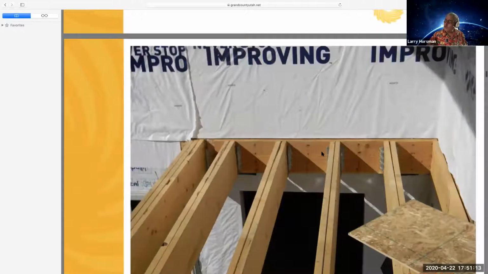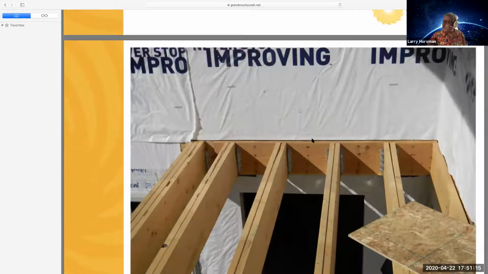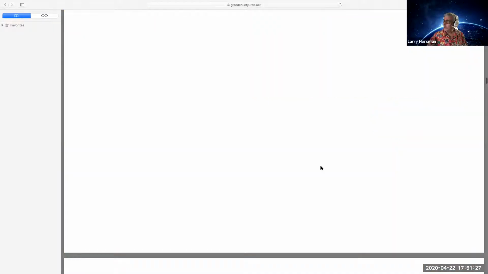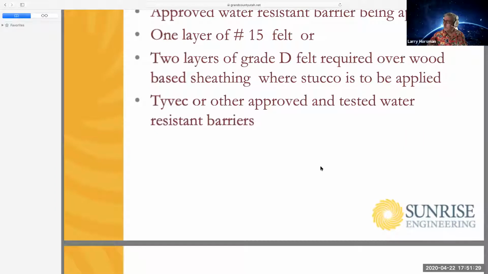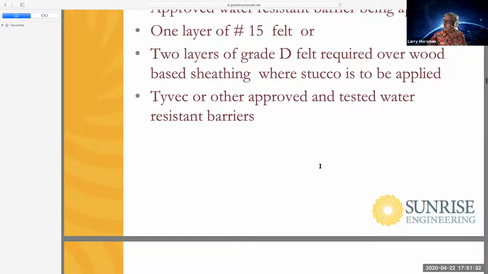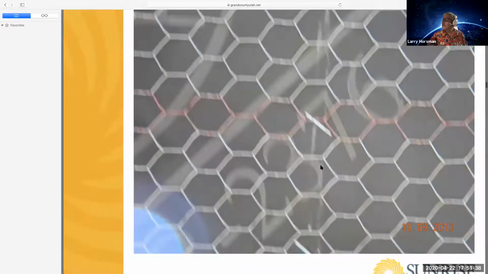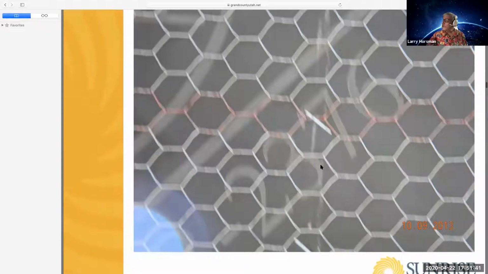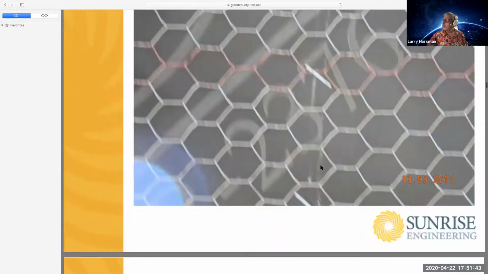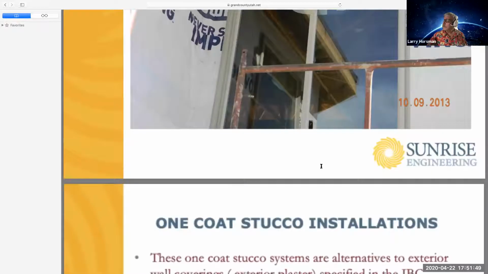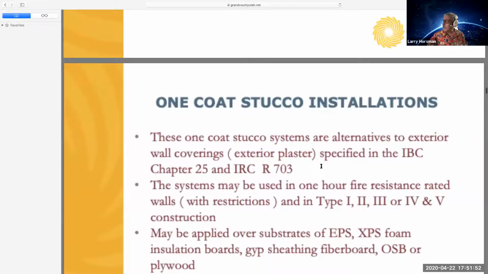There's some new requirements on ledgers. The ledger has to be spaced out per the new code if you have a deck. We don't have one of those, so we don't need to worry about that here. Still looking for the screed. More chicken wire. Here's that one coat they were talking about for the other stuff.